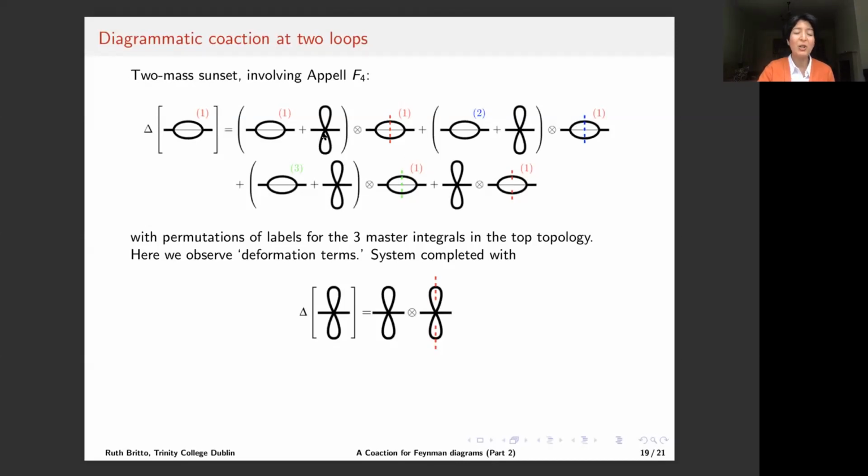So we note that here we also have some kinds of deformation terms appearing, reflecting the fact that this double tadpole appears in the first entries in terms associated to different cuts.